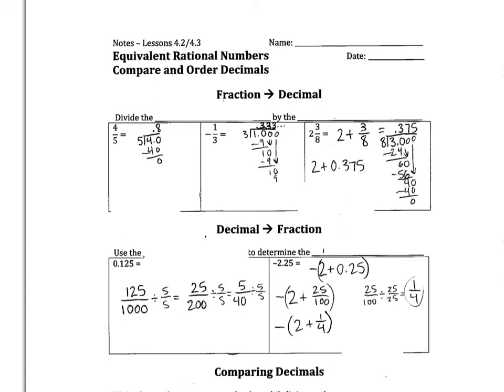So to turn a fraction into a decimal, the first thing that we're going to do is divide the numerator by the denominator.